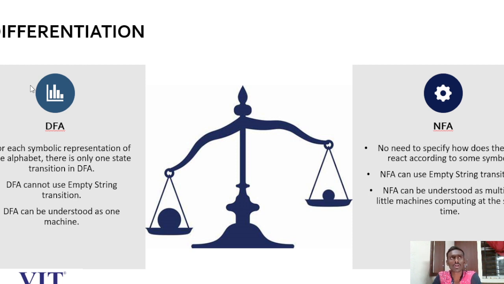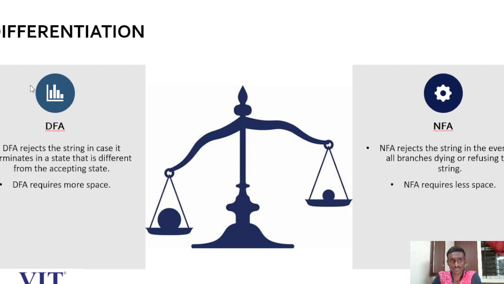It has a lot of applications. A DFA rejects the string in case it terminates in a state that is different from the accepting state. So DFA requires more space. NFA requires less space because NFA rejects the string in the event of all branches dying or refusing the string.